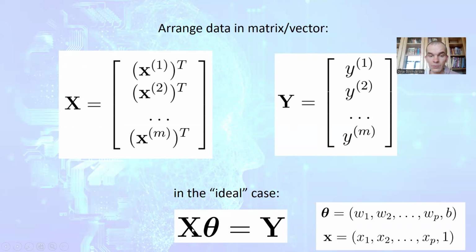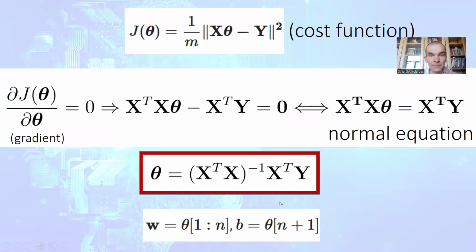In the ideal case, we would get that the multiplication of X by theta is exactly equal to vector y. But of course, we live in a non-perfect world. We must find vector theta so that it minimizes the cost function as shown on the bottom.